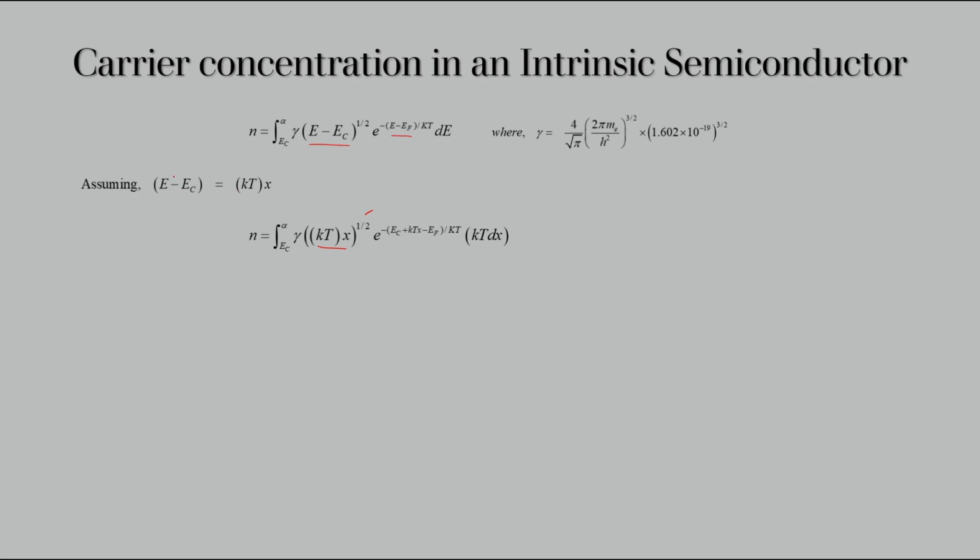From here E will be equal to EC plus KT times X, so that is what is written here. The remaining is minus EF by KT, right? Then KT dx is the output of differentiating KT x, where KT is constant and the remaining will be dx. So this is KT dx.